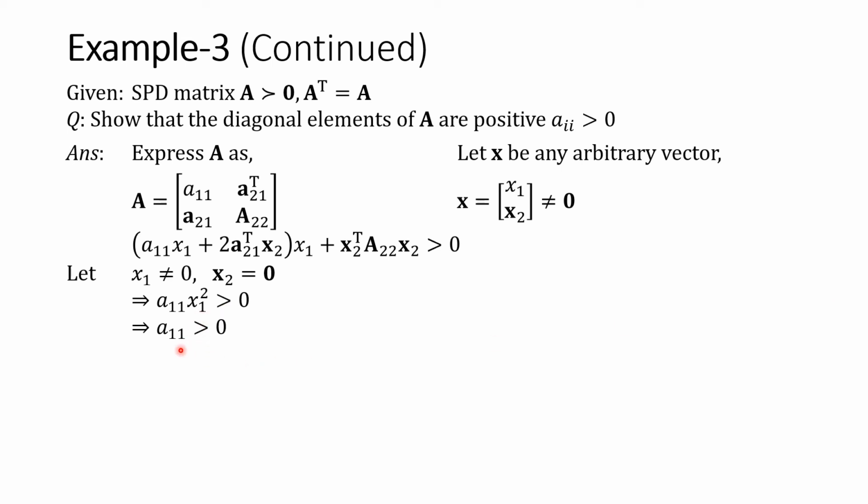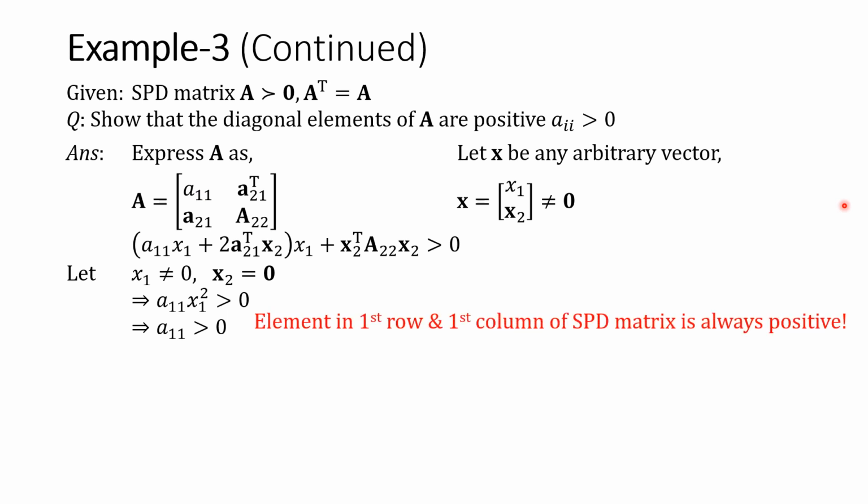Whence A11 is greater than 0, since x1 squared has to be greater than 0. So we just showed that A11 is greater than 0. So the element in the first row and first column of this SPD matrix A is always positive.